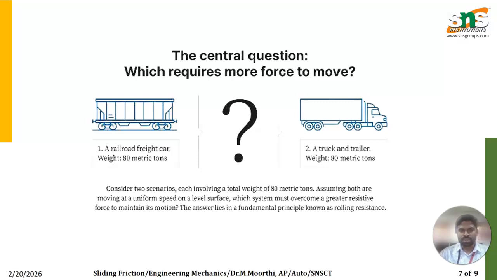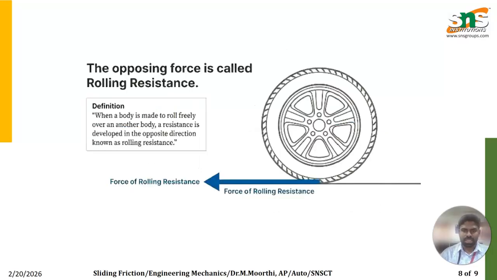Which system must overcome a greater resistance force to maintain its motion? Which one can we easily move in the desired direction without much resistance? That is where we use the rolling resistance application.